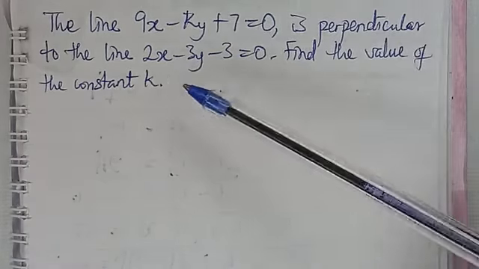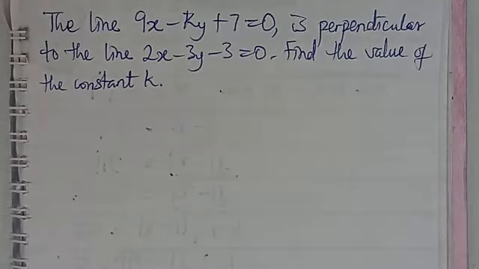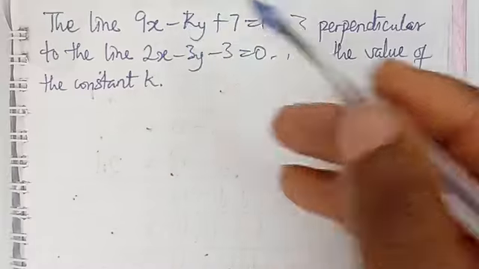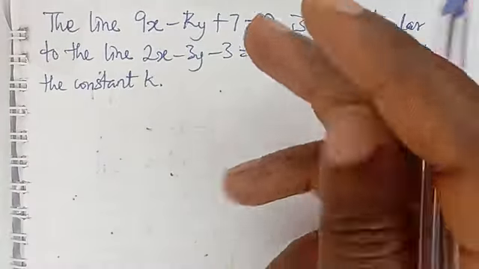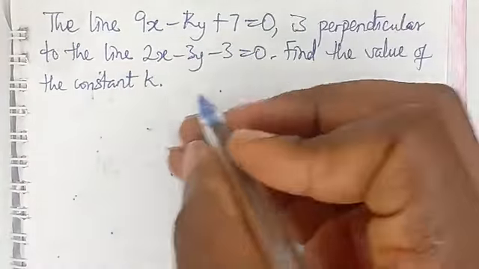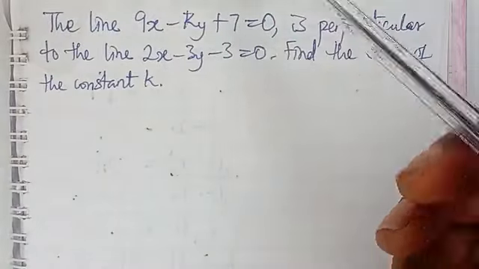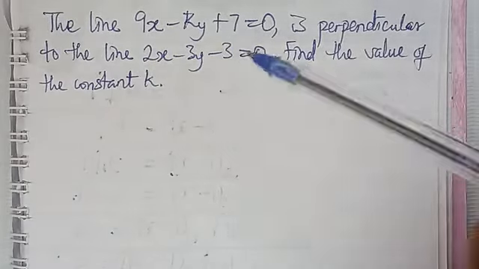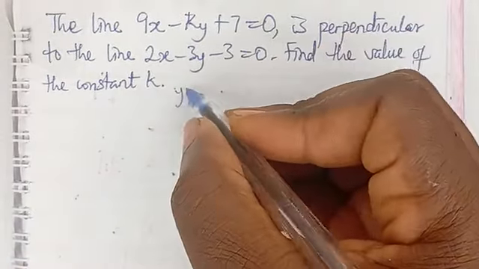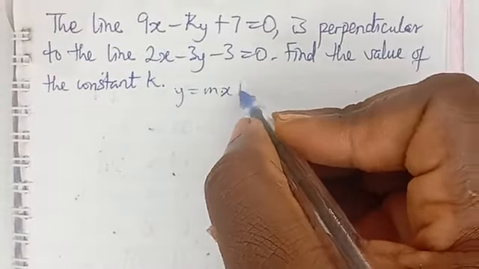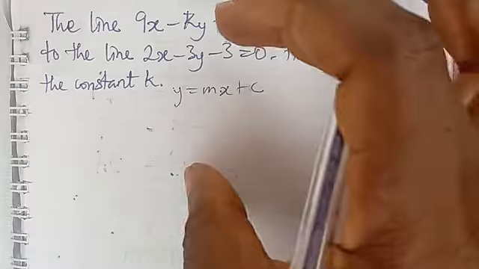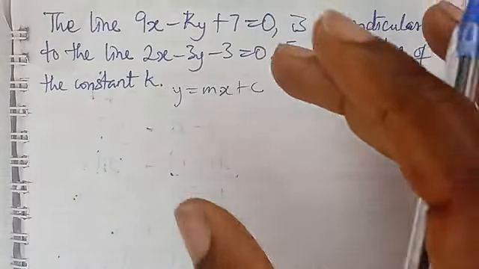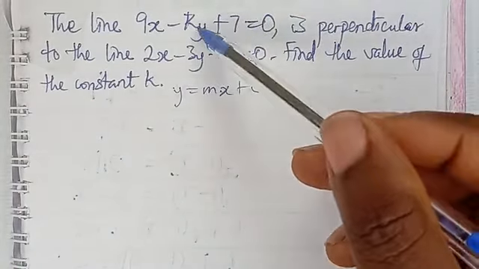Find the value of the constant k. Okay, so we have to find what k is. So we know what we are going to do is we are going to relate these two equations of straight lines to this form, y equal to mx plus c. And then we already know what the relationship between the gradient of this line and the gradient of this line should be.